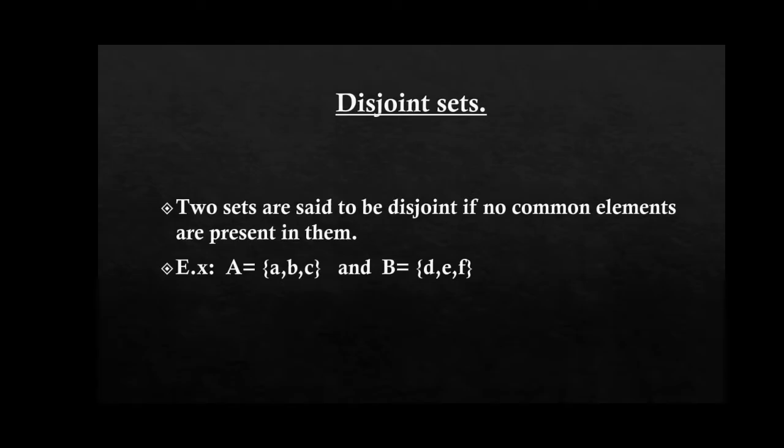Disjoint sets are two different sets in which no common element is present. For example, A is ABC while B is DEF. So no common element is between them. It means they are disjoint sets.